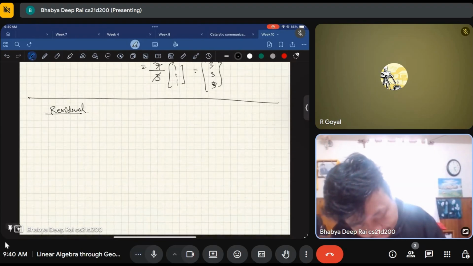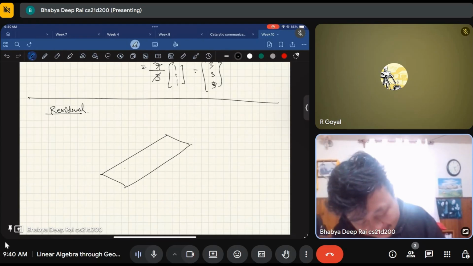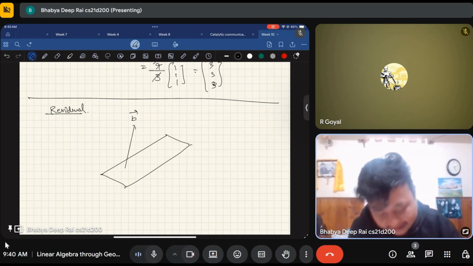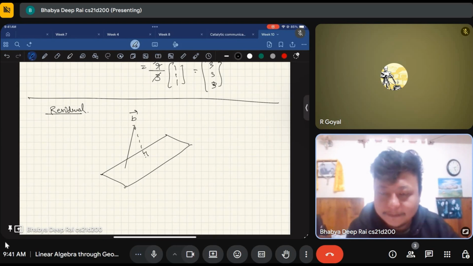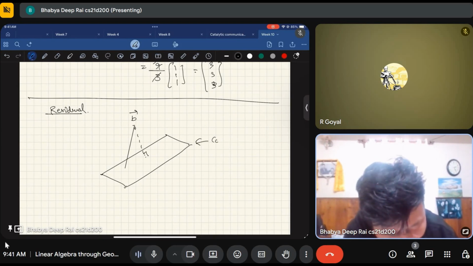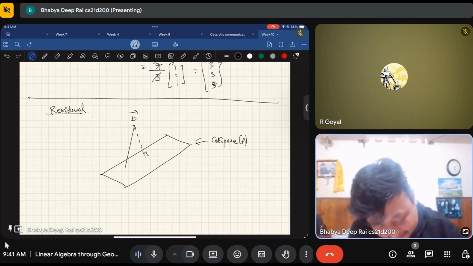Let's say I have my plane here, and I have my vector b here, which I want to orthogonally project onto the plane, which is nothing but the column space of A. What did I get?